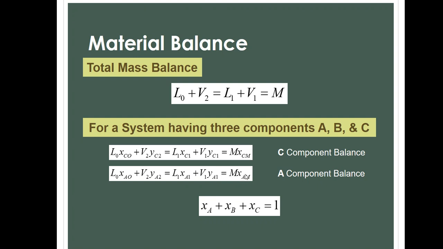Now, the concentration in the bulk phase M is represented as X, just like the liquid phases, which also have concentrations represented by X. In our system, whether binary or not, the sum of the mole fractions of the components in the gas or liquid phases is at all times equal to 1.